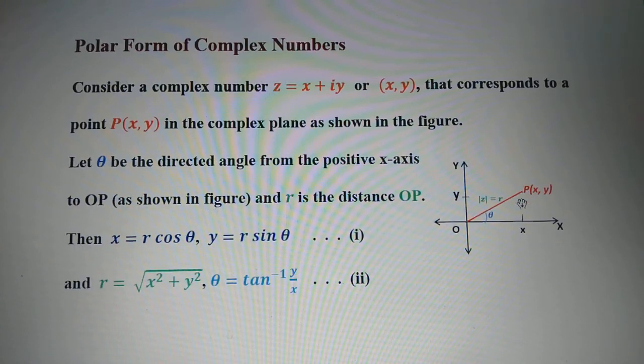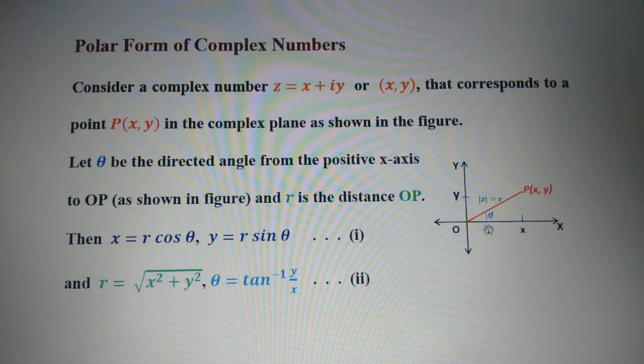Now if this point P represents the complex number z, then you have to take the mirror image of this point, which will be here in the fourth quadrant. And the line joining that point will be like this.